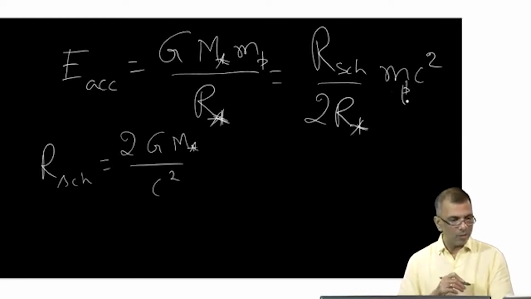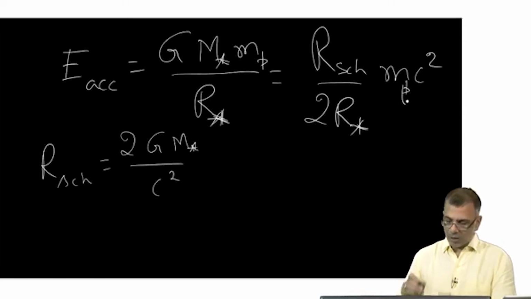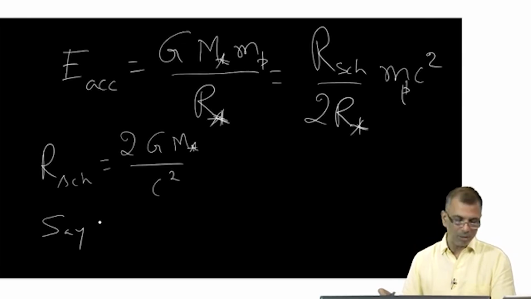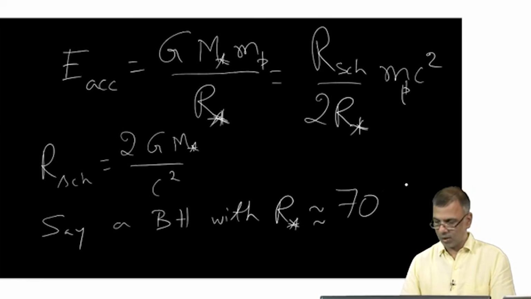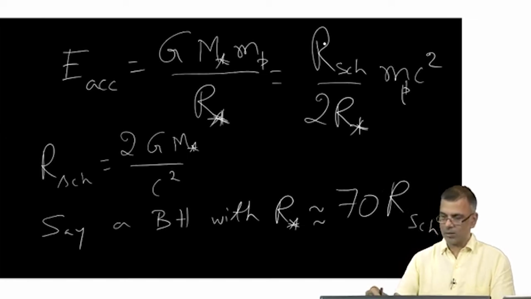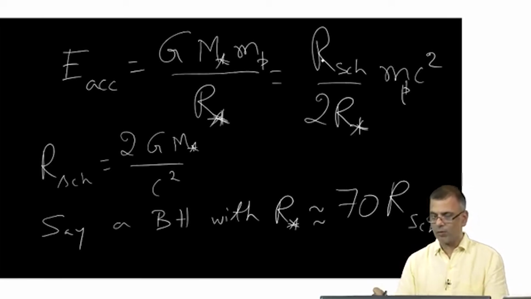Right. So now suppose there was a compact object, say a black hole, with r star some 70 Schwarzschild radii. In other words, this ratio is something like 70. Okay, so this would be 1 over 70.